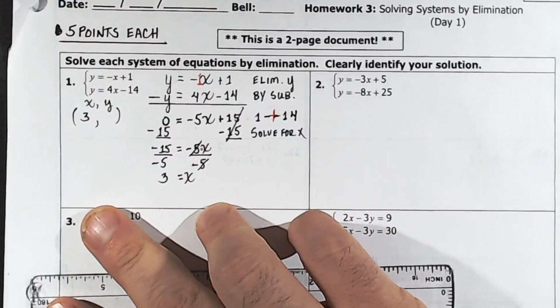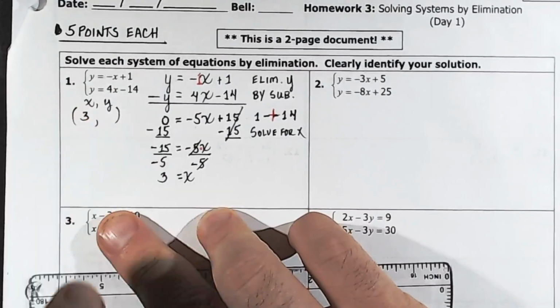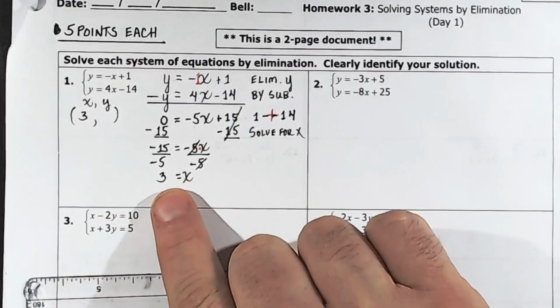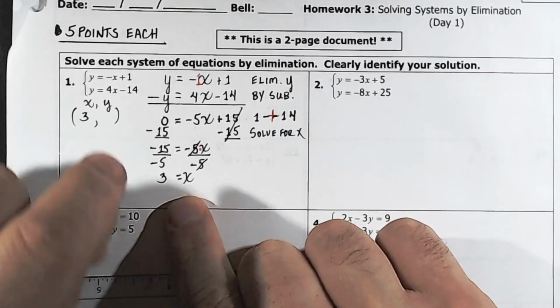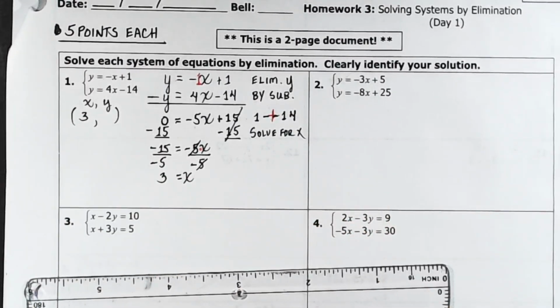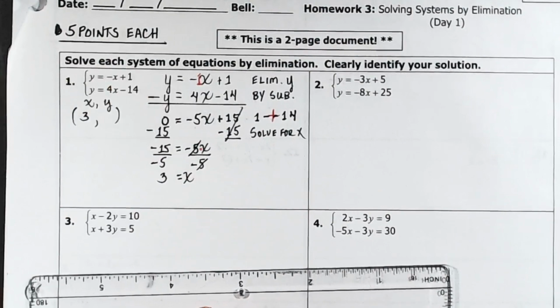And now the question is, what do we do with this? What's the next step? Well, if I need x and y, I better find y. I know what x is, so I can actually plug x back into either of my equations. If you look at the two equations, one of them is going to be simpler to work with than the other. And that would be the top equation.